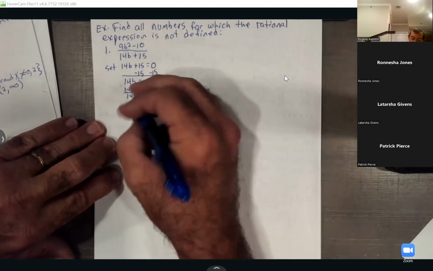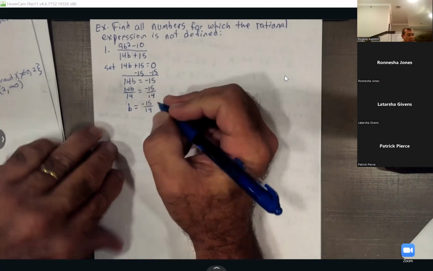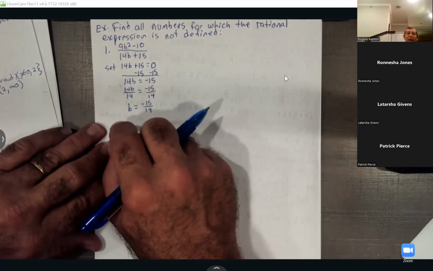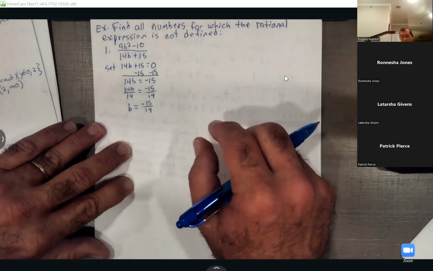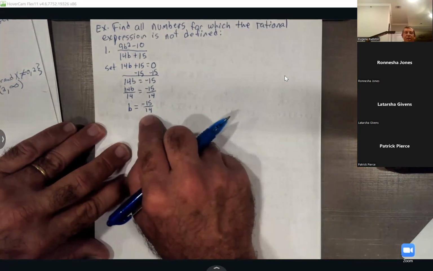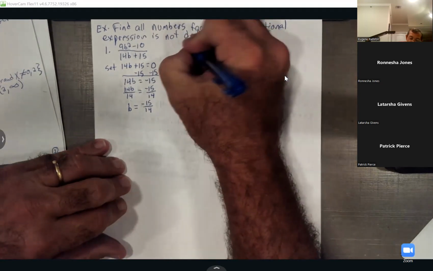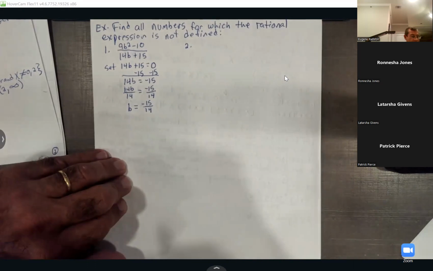Y'all, we can't do nothing with that. So we're going to leave that a negative 15 over 14. So MathLab will say, the rational expression is not defined for b equals, and then you'll just put in that negative 15 over 14. So it's the same as finding domains, okay?